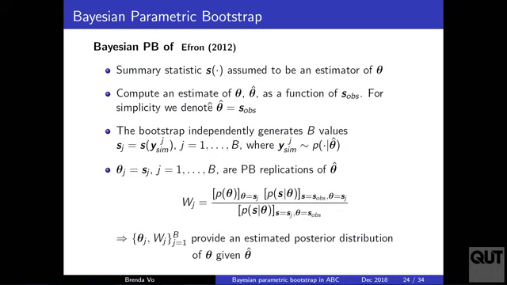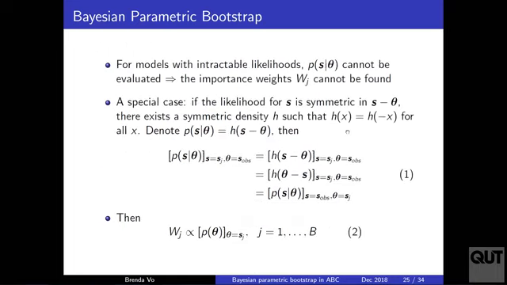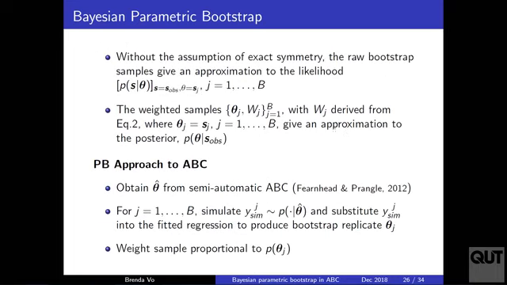So the quicker way is to get the theta hat from the fitted regressions that we did when we performed the dimension reduction to figure out the summary statistics. So we use that theta hat from semi-automated ABC. When we get that theta hat, we use it to simulate the bootstrap replicas and calculate the weights. So that's the idea.